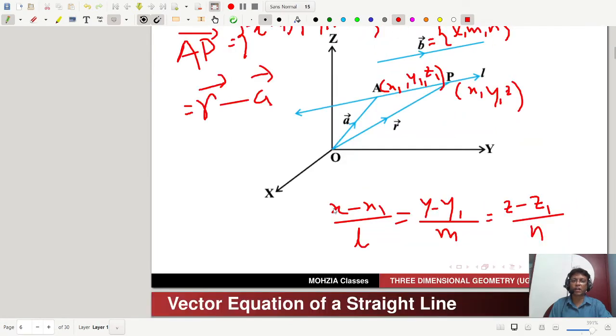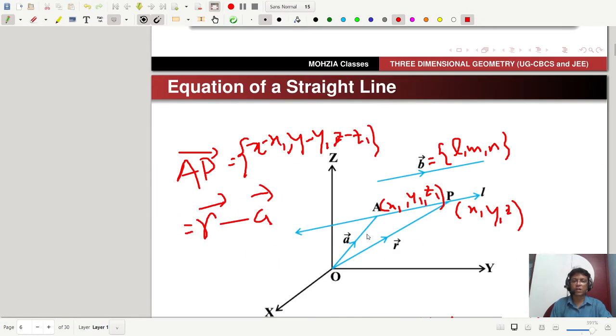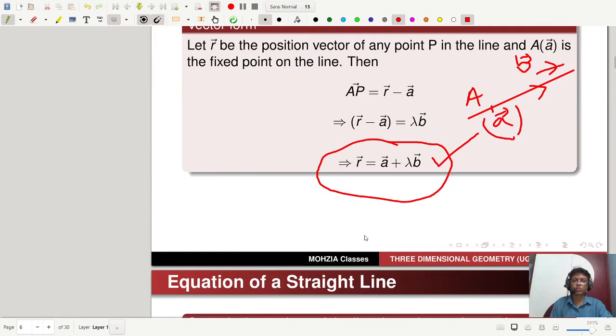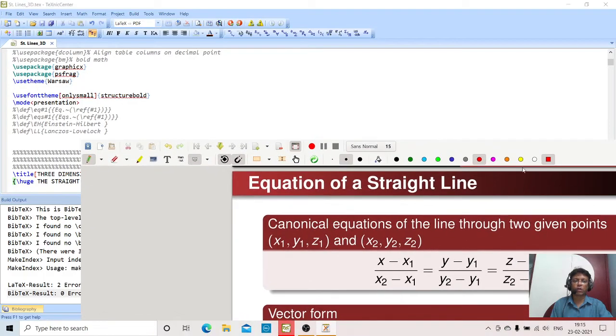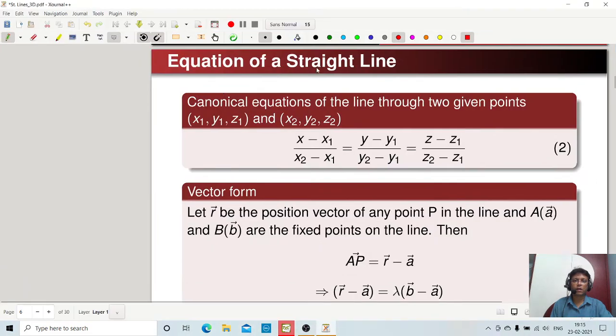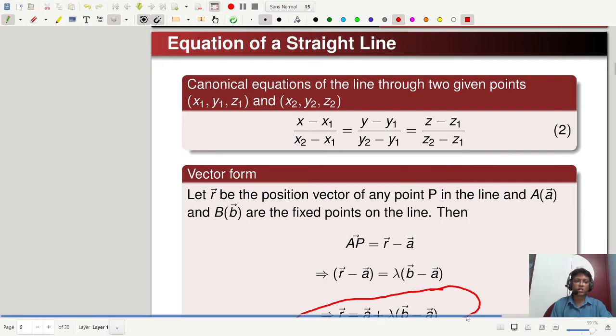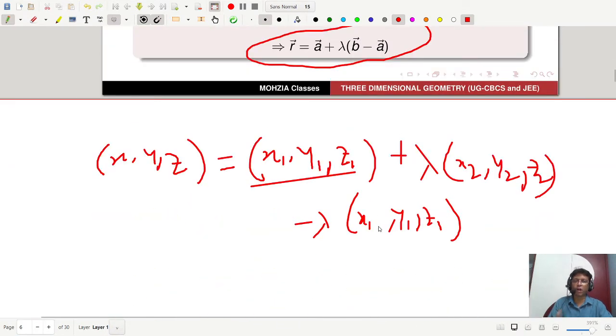You look at that, in the Cartesian form it is the ratio: x minus x1 by x2 minus x1, y minus y1 by y2 minus y1, and z minus z1 by z2 minus z1. So this is the form, right? I gave you the idea of how to convert your vector form to Cartesian form. It's very easy.